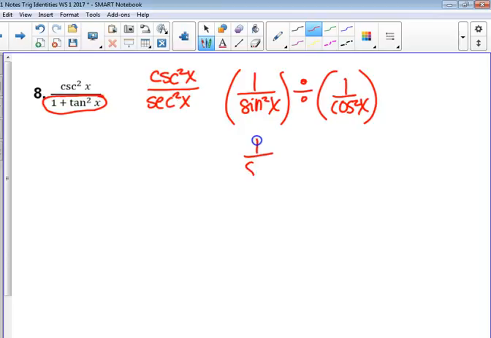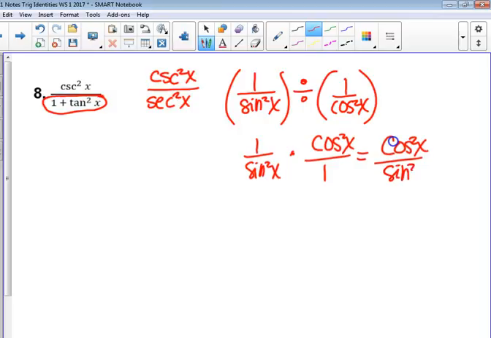And when we divide, we multiply by the reciprocal. And cosine squared over sine squared is cotangent squared. I guess so. Yeah. That makes sense.